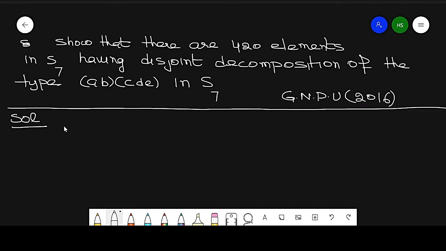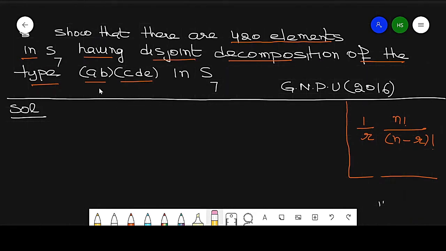Next, how can we find the number of elements in a permutation group? Show that there are 420 elements in S7 having a disjoint decomposition of the type (AB)(CDE).